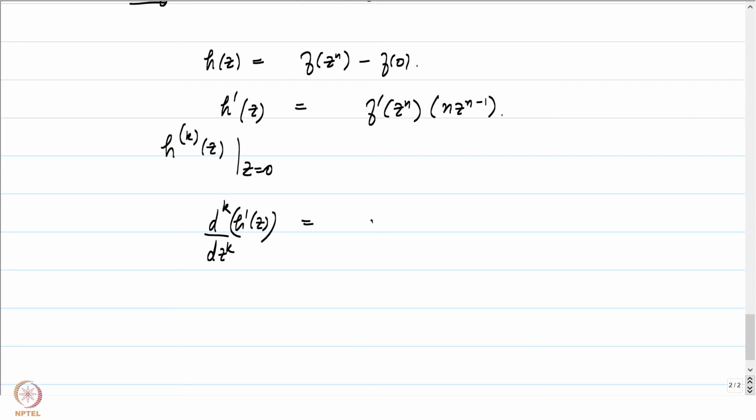That's going to be equal to d^k/dz^k of the thing on the right, which is f'(z)^n into n into z^(n-1).